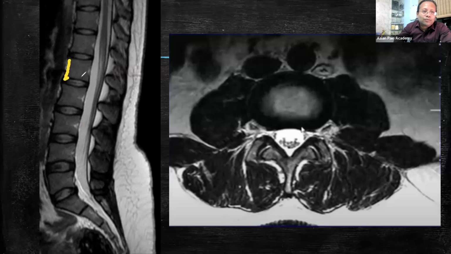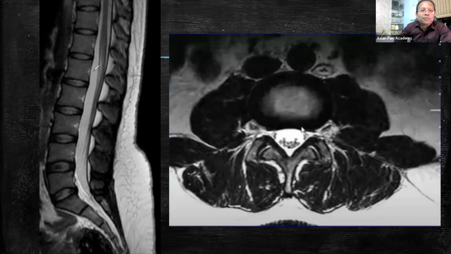These are the bodies of the vertebra. What is this part? This is the disc. You can see in the periphery the disc is black, and in the middle part it is white. Why? In the periphery, it is the annulus fibrosus, and in the middle part, it is the nucleus pulposus. And then, of course, it is the ALL. So this is the sagittal section. Here, let us see some other things.